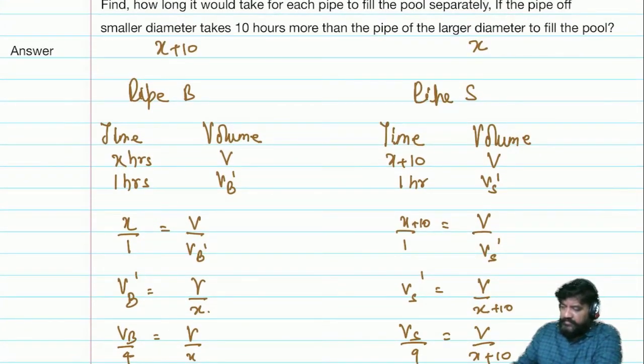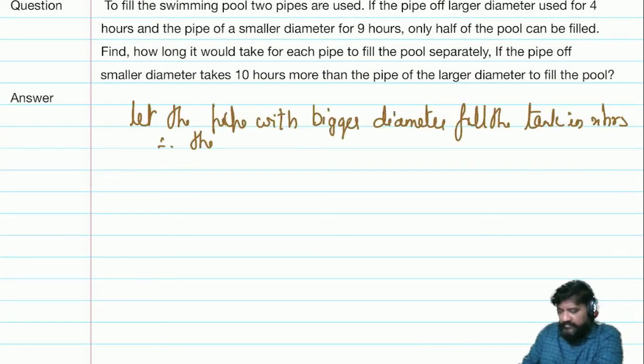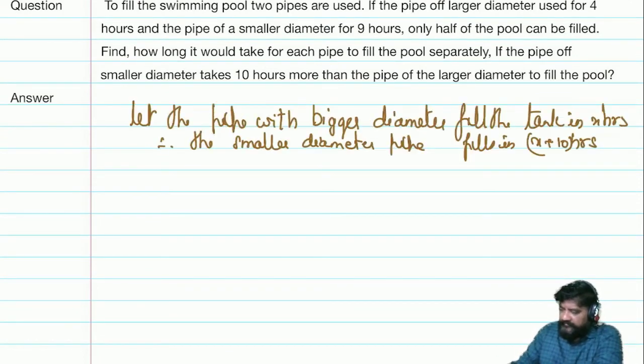So let me actually take this down. Now, let's see how to write this in the examination. What I would do in the examination is this. Fills in X plus 10 hours.